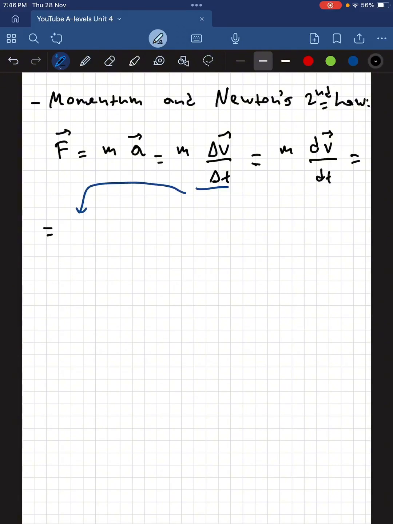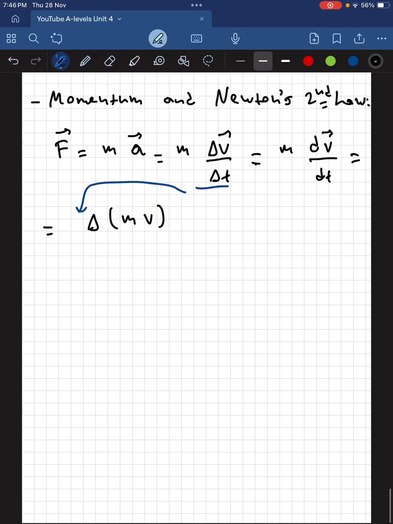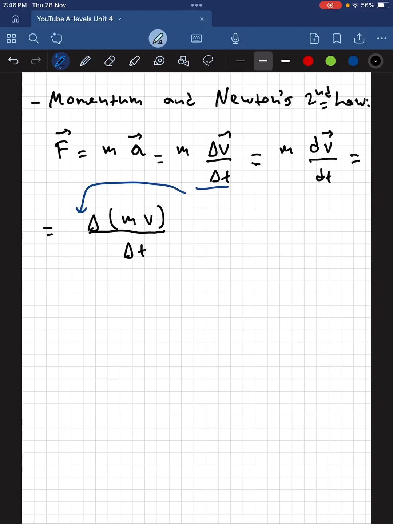So since mass is a constant, we can drag it and put it into this delta, okay? So this is delta mv over delta t. When we take derivatives, the derivative of a constant is 0, right?